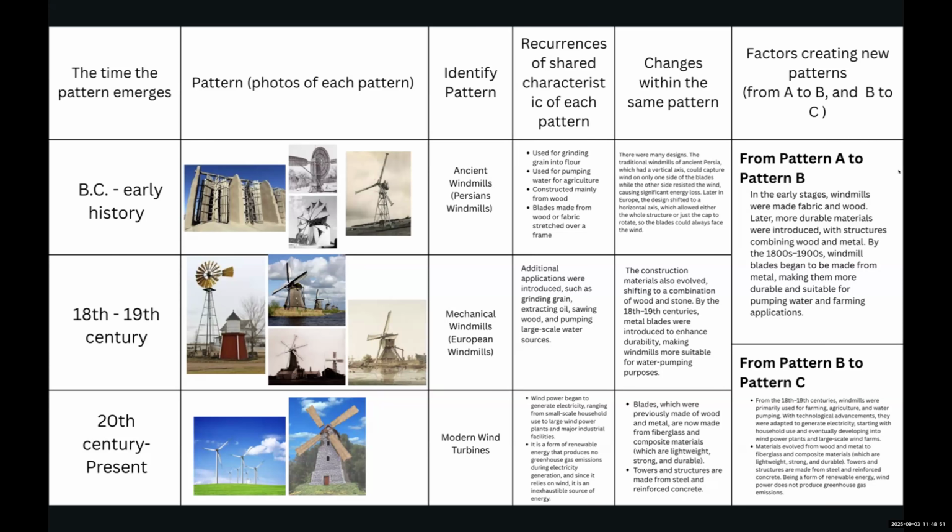It is a form of renewable energy that produces no greenhouse gas emissions during electricity generation, and since it relies on wind, it is an inexhaustible source of energy. Change within the same pattern.